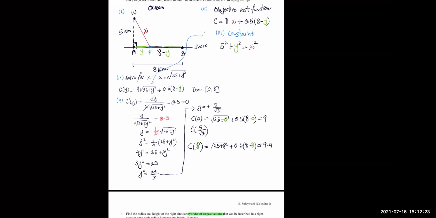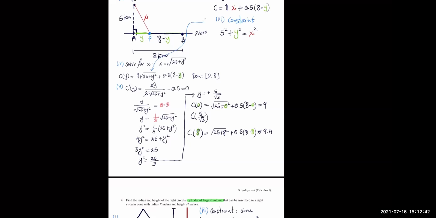So obviously that's more expensive because running the pipe underwater is expensive. So you might think that this is better, and yes, it's better among these two, but let's plug that in and see what we get.